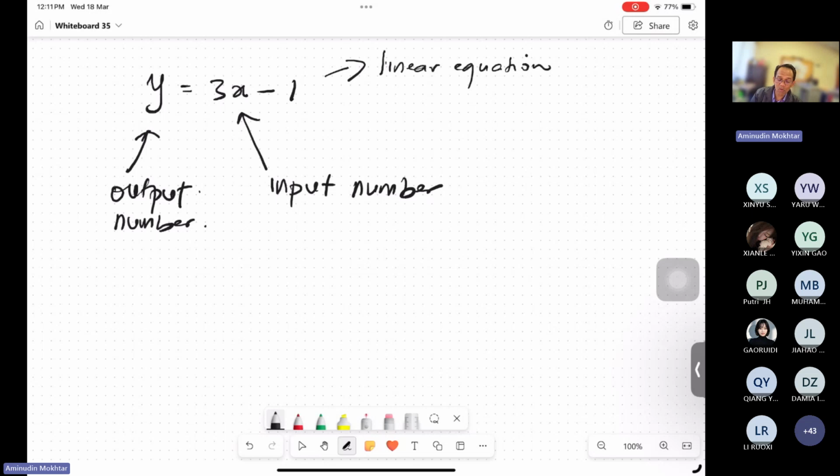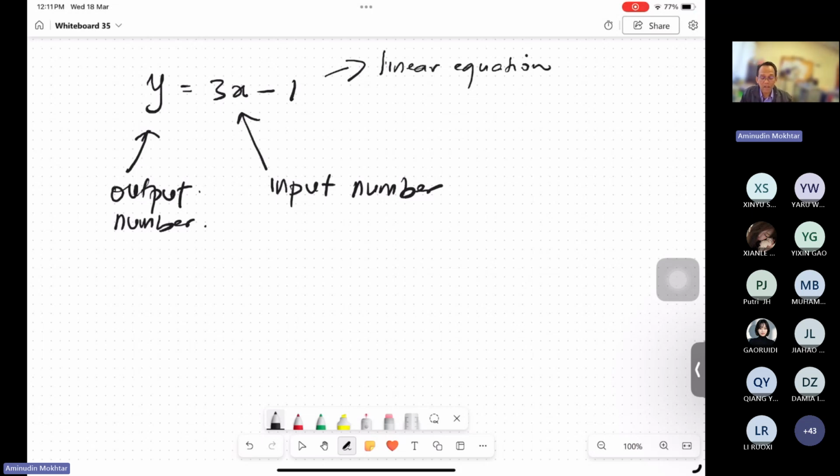That's why we need to know the value of x in order to get the output, the value of y. In other words, to get y, we need x first. We need to identify what x is. That's why we call x the input.